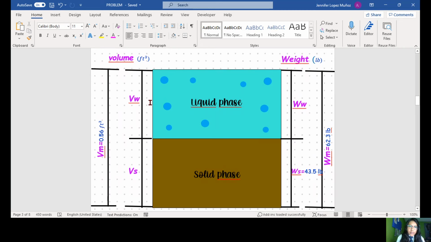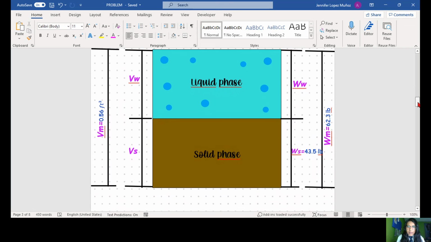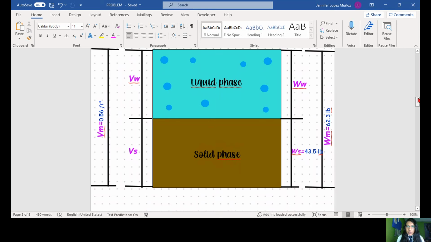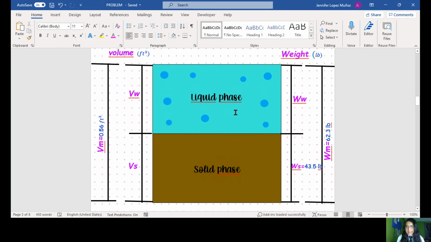The sample volume and the solid volume. The problem has two phases: one is the liquid phase and the second is the solid phase.